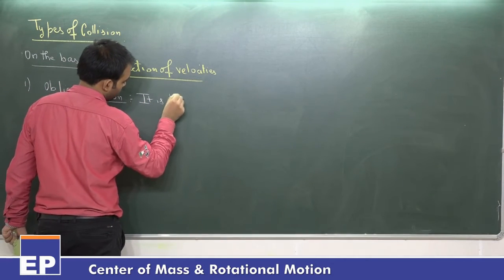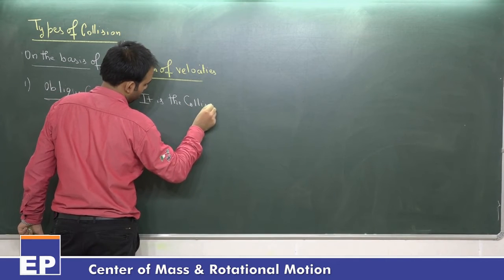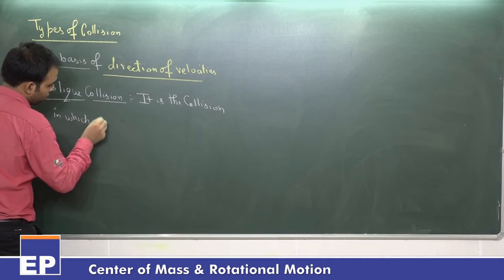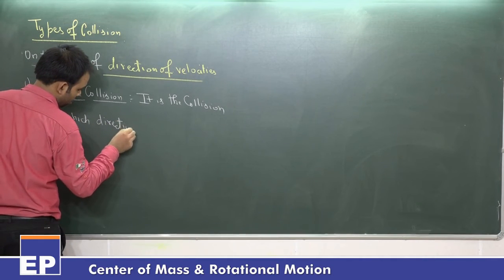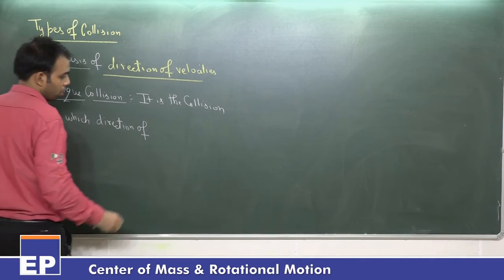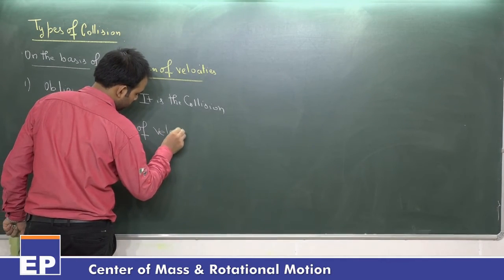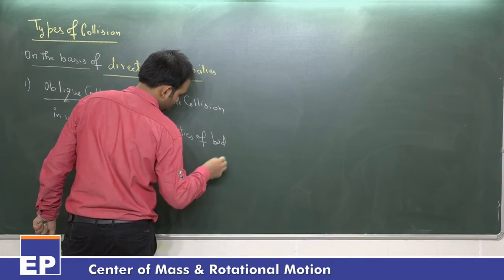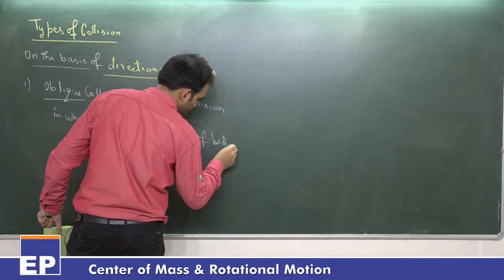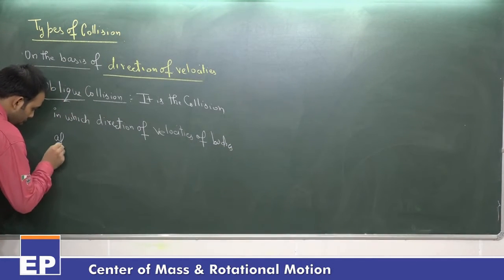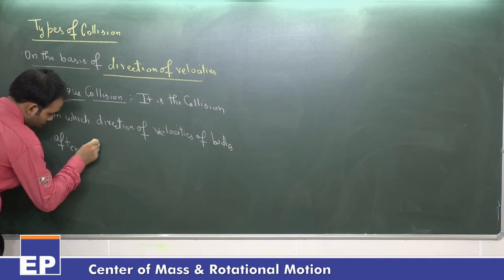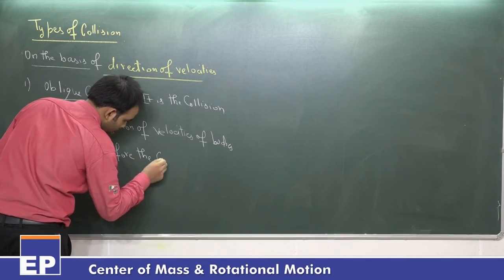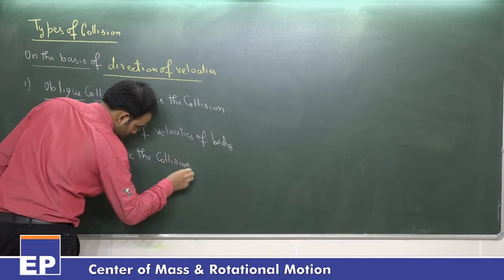It is a collision in which direction of velocity of bodies after and before the collision doesn't remain same.